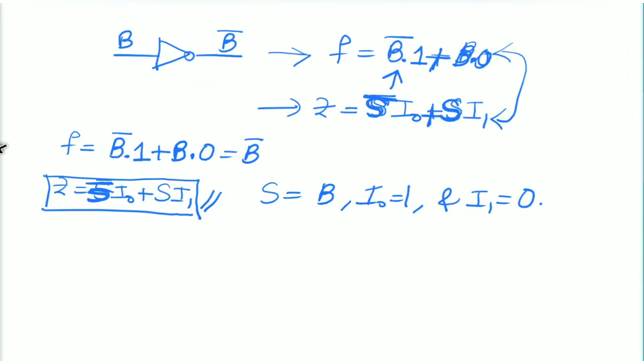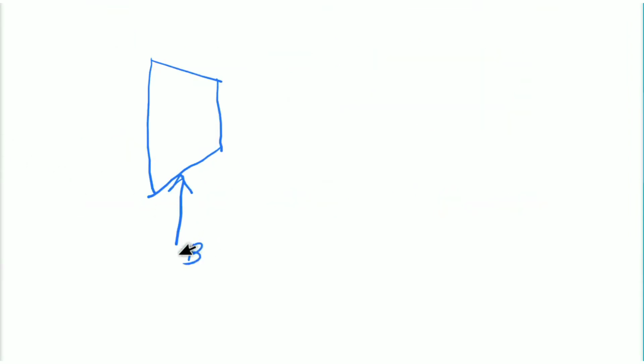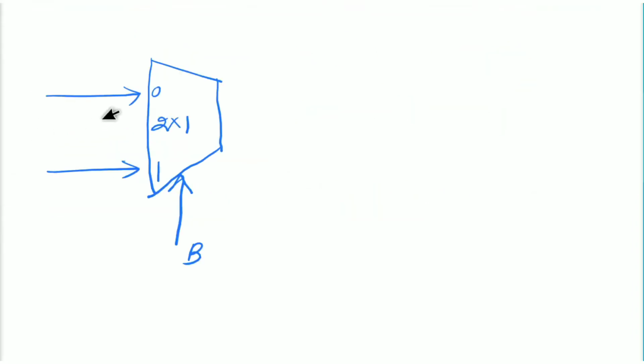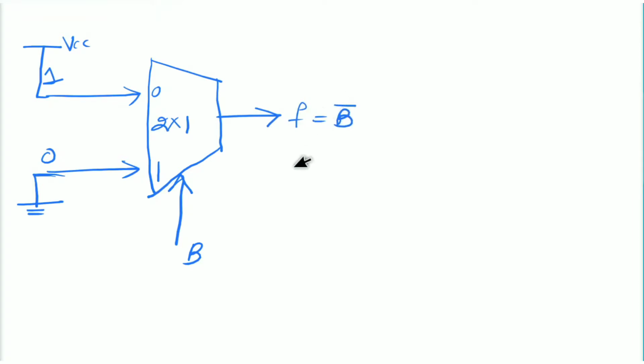So S is B, a 2:1 mux is there, the 0 line is there, the first line is there. For the 0 line what should be the value? 1, and this is 0. To represent logic 1, you can use the power supply VCC, and to represent logic 0, you can use the ground connection, and this output is nothing but your B bar.